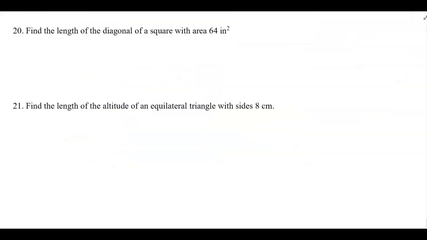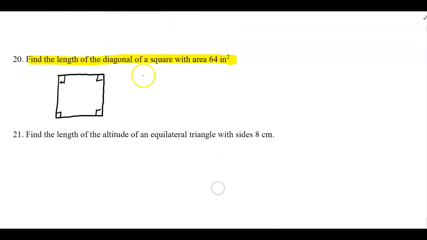Let's take a look at problem number 20. For number 20, it says, find the length of the diagonal of a square whose area is 64 inches squared. So I'm going to draw a square. And we know in a square all the sides are equal. We talked about in class that the area of a square is length times width. And all these sides are the same in a square.